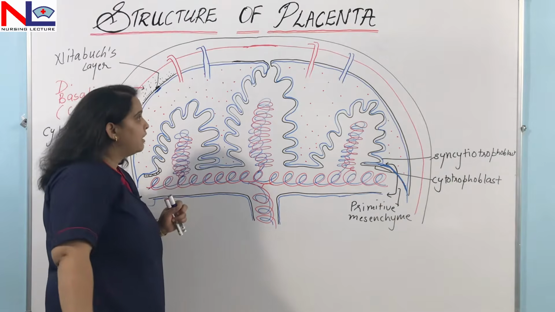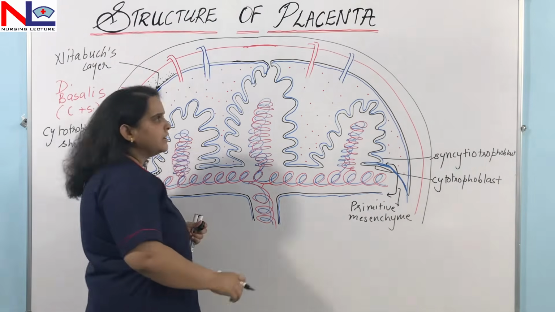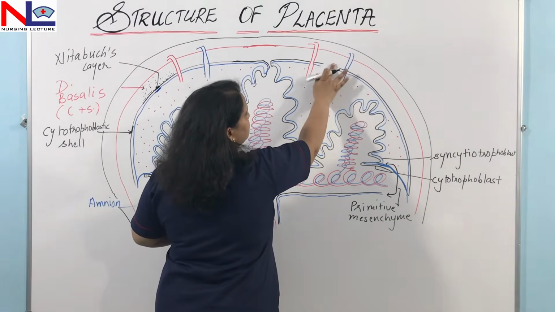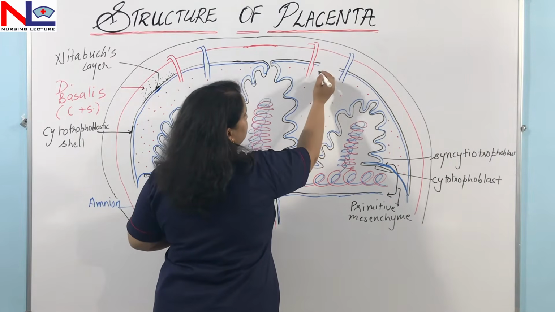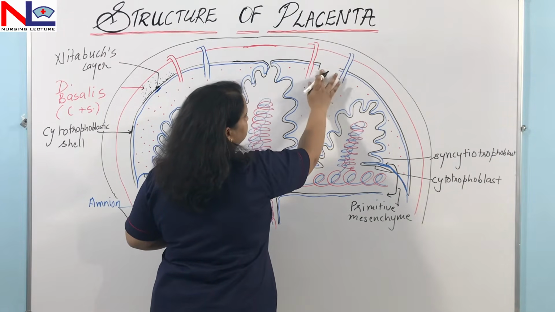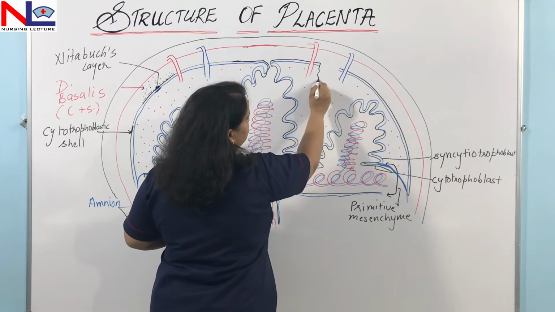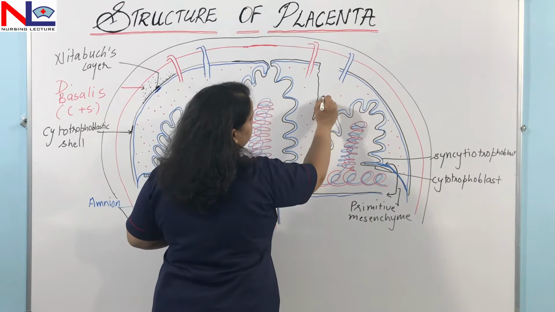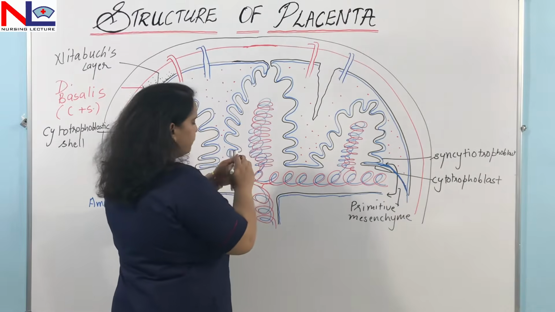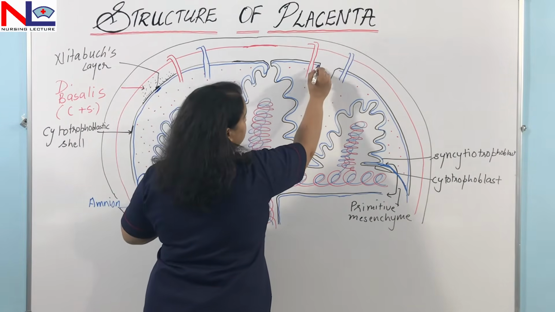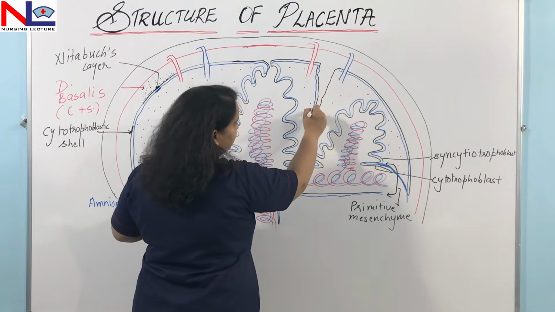a woman's uterine wall. Now here some of the decidual tissues go inside these intervillous spaces and form the decidual septum. What are they?